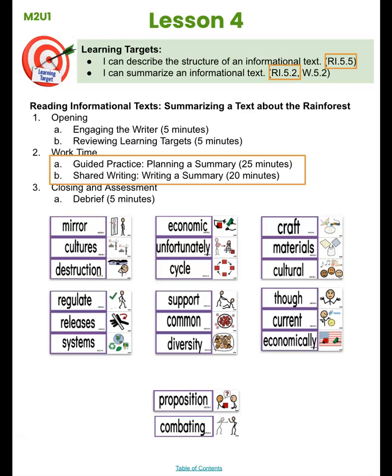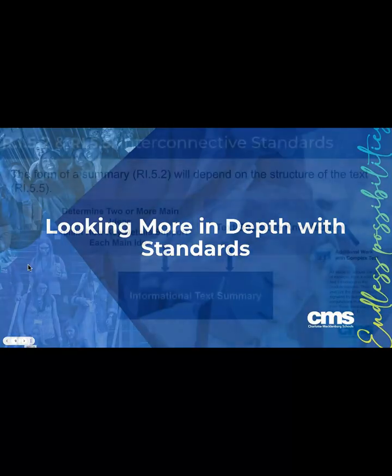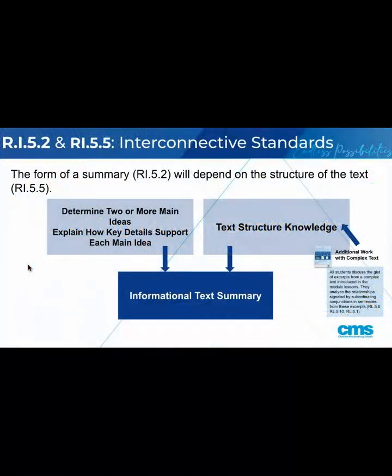Let's take a look at what those standards are asking students to do. This graphic here supports a crucial conceptual understanding that these standards work together. They're not disconnected skills. So in RI 5.5, students need to know the text structure, have text structure knowledge.